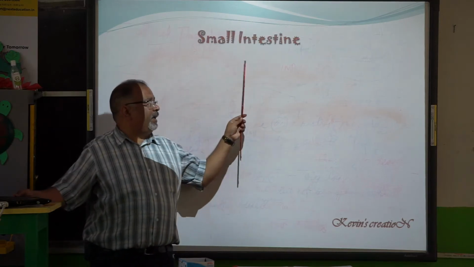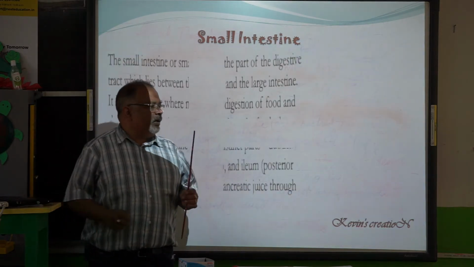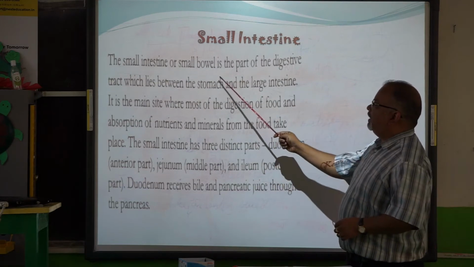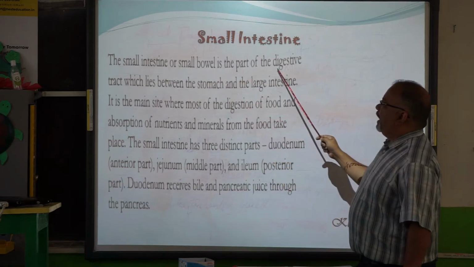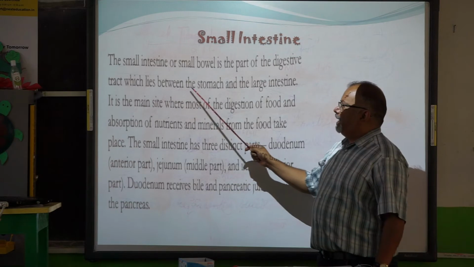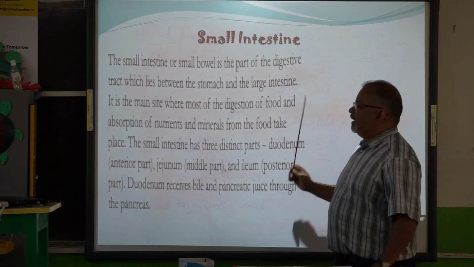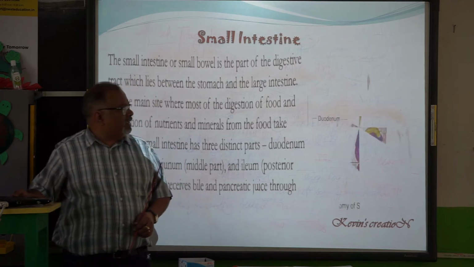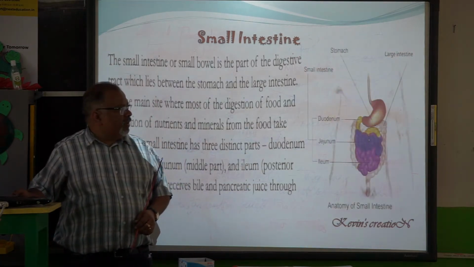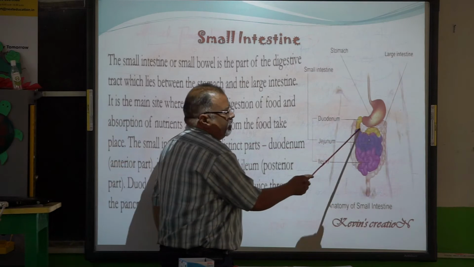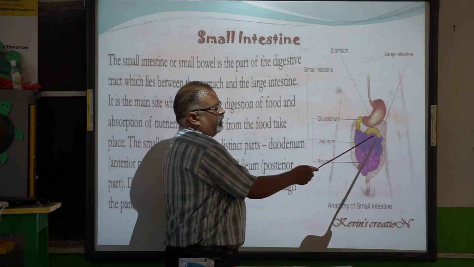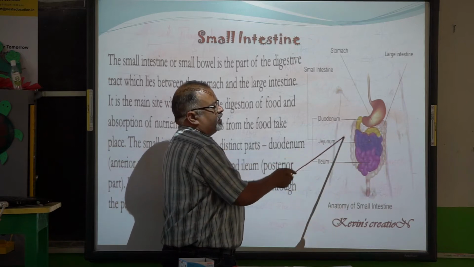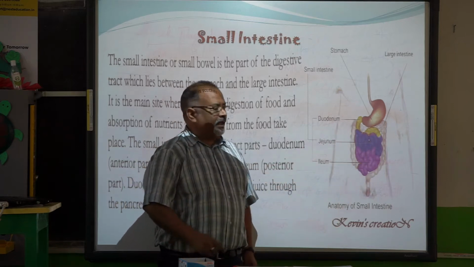So small intestine. Now let us learn about this. The small intestine or small bowel is the part of the digestive tract which lies between the stomach and the large intestine. Already I have drawn the diagram of digestive system, so you know about it. This colored portion which you see here, yellow, blue and purple, this is small intestine.